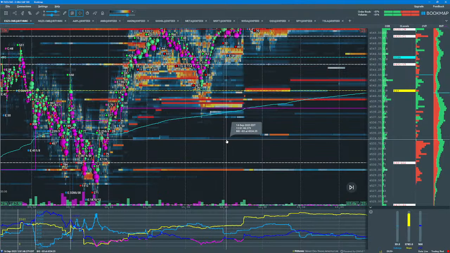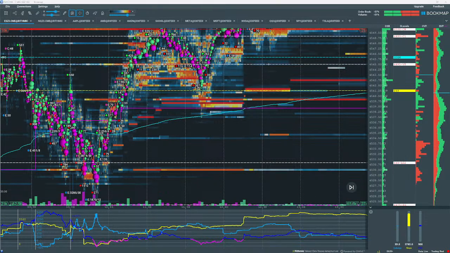So after that, it appears to me that the rally was primarily fueled by stop orders. So buy stop rally, stop run, stop rally, shown by the rising yellow line, the consistently rising yellow line. Cumulative volume delta is pretty flat. That's shown by the pink to dark blue line.